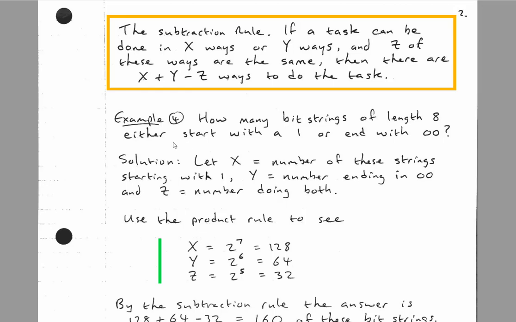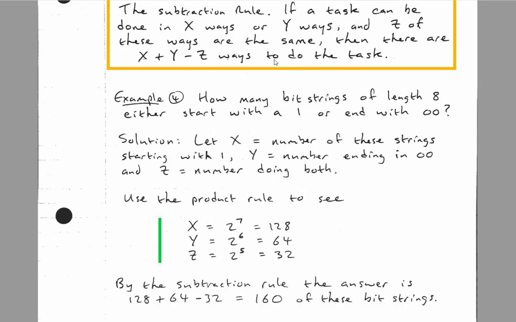So here's a good example. Number 4: how many bit strings of length 8 either start with a 1 bit, or end with 0, 0, two 0 bits? We can set this up with the subtraction rule.